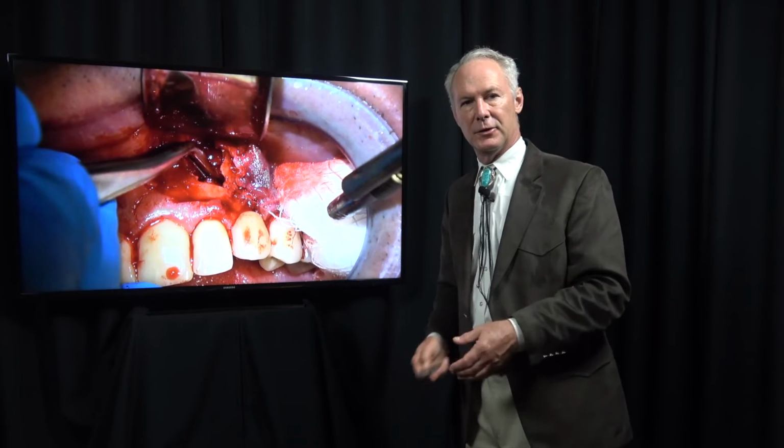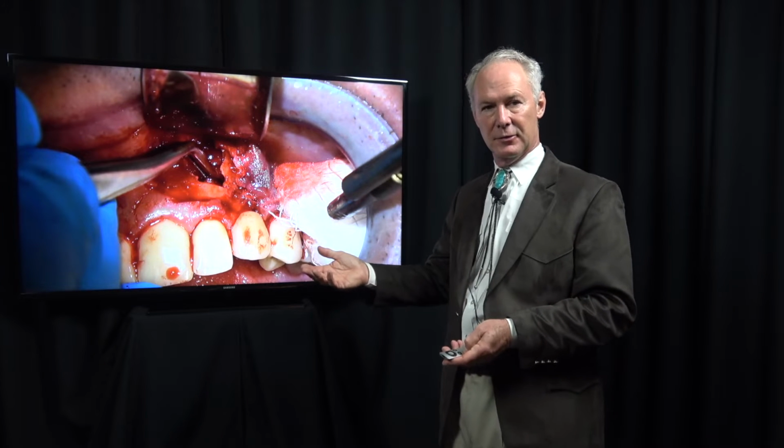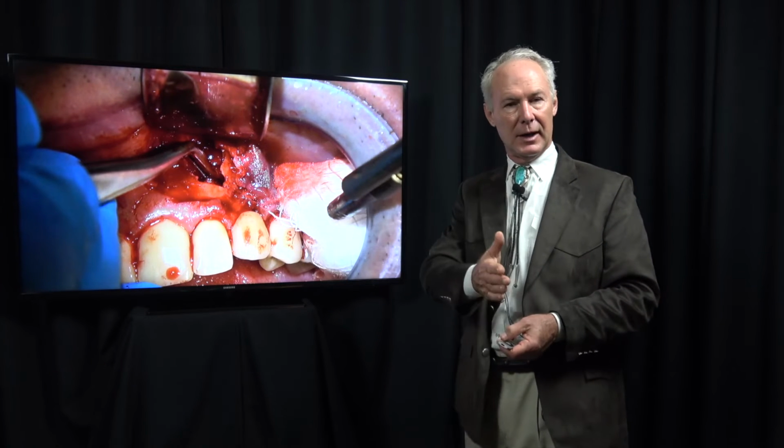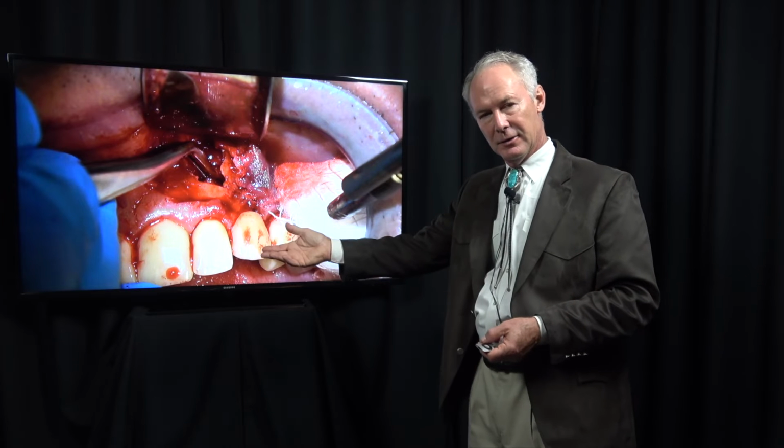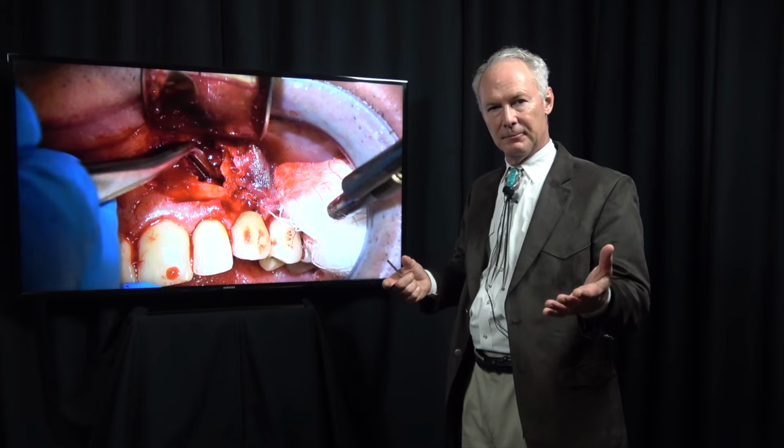You can decide what you want to do. You might say if you lost this tooth within a couple of years, I would apply half of the cost to your implant.